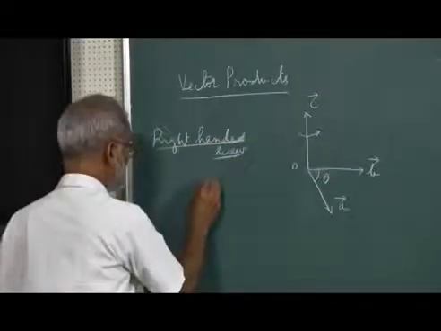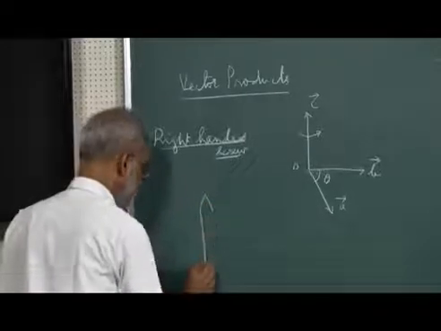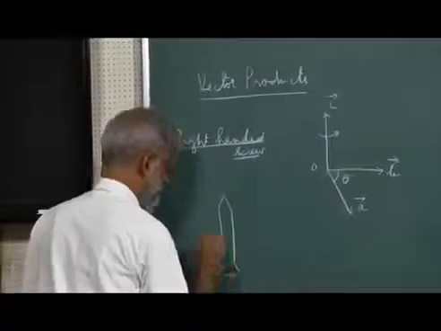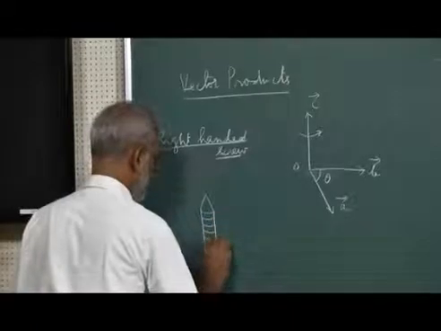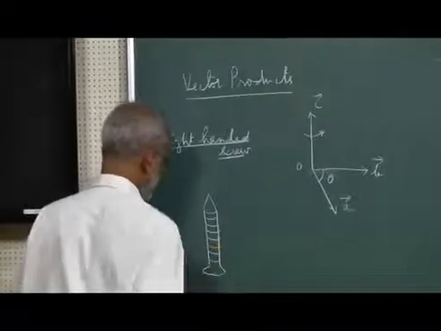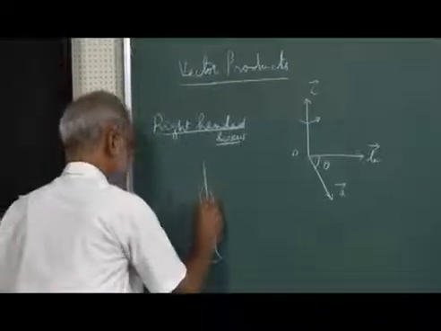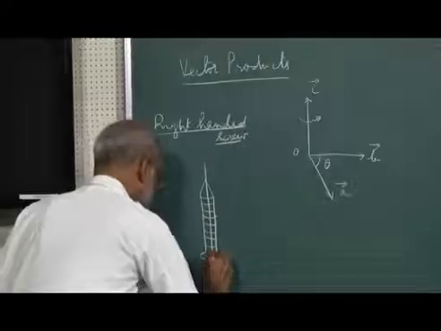Suppose I have a screw like this, this is the tip of the screw. These are the screw edges, and then this is the axis. The concept of a right handed screw is like this.